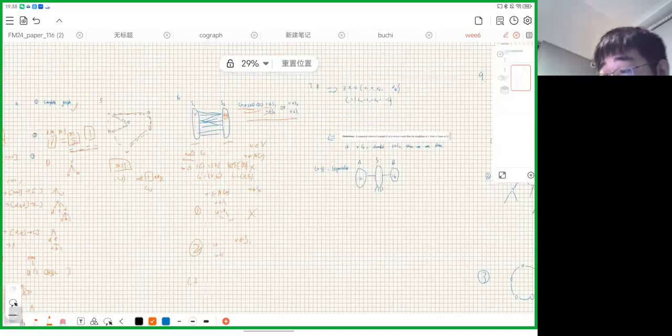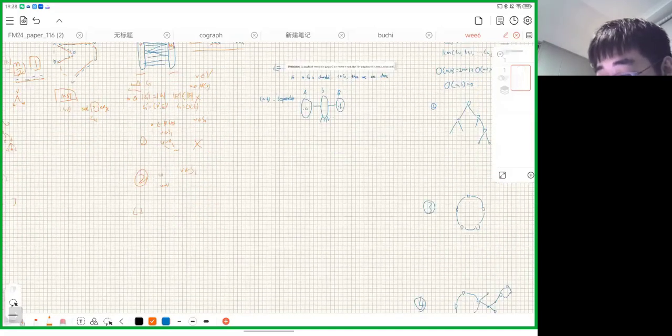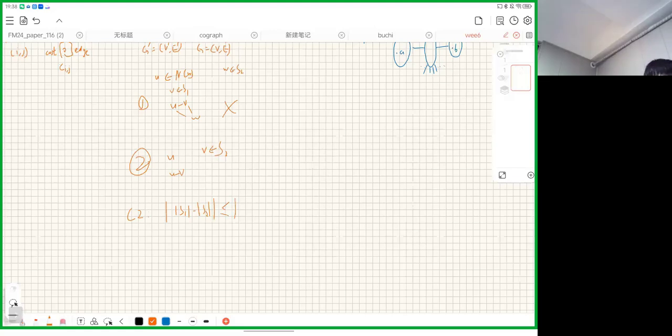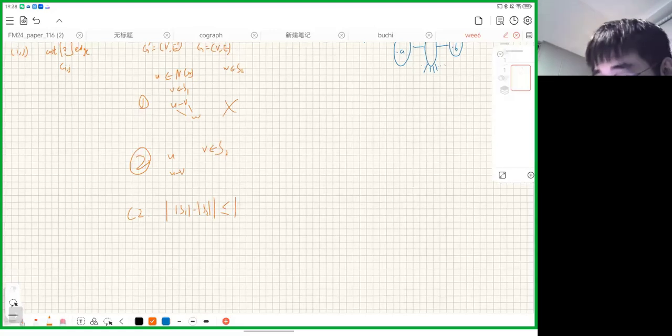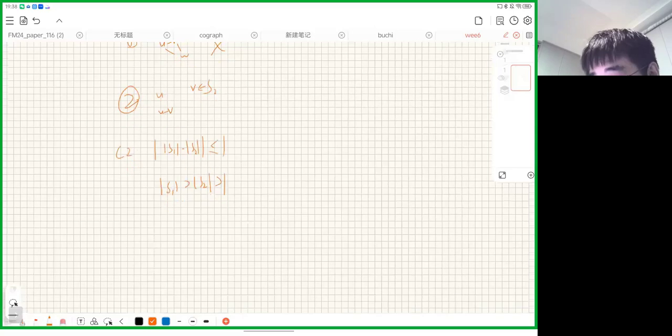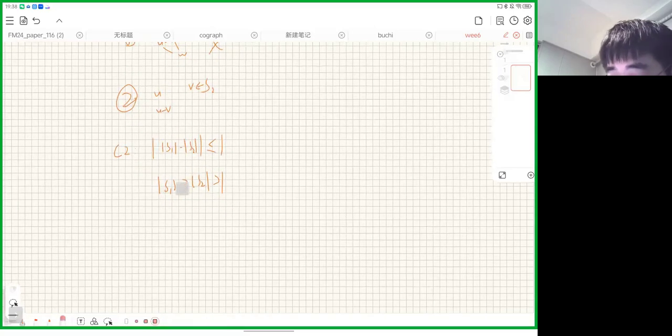The difference between the sizes of S1 and S2, S1 minus S2, should be at most 1. Why? Suppose S1 is larger than S2 by more than 1. Suppose this is true.